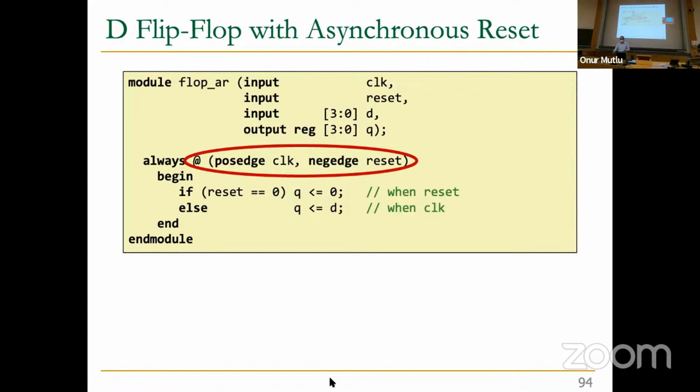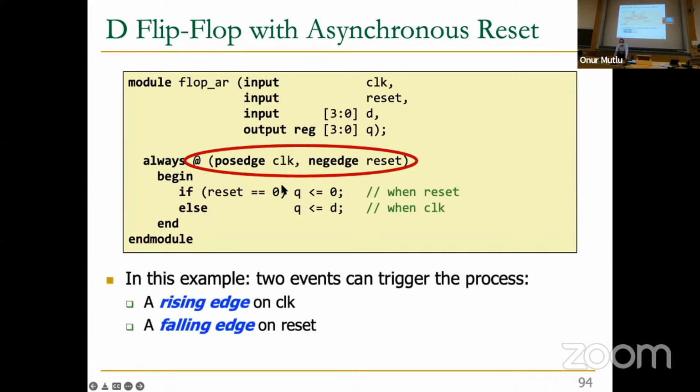Okay, so let's take a look at how this D flip-flop with asynchronous reset is implemented. So you can have a D flip-flop with asynchronous reset, as you can see, and this is how it's implemented here. Let's take a look. So basically, because of this always statement, two events can trigger the process. Process meaning this always block over here. Statements execute when any of the two events happen. When the clock goes from 0 to 1, that's the positive edge.